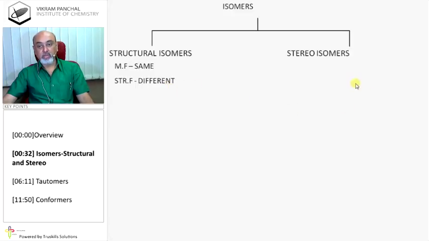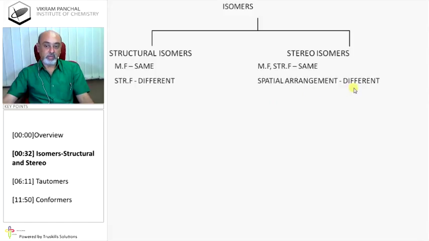And another is stereoisomers, in which molecular formula and structural formula will be same, but spatial arrangement of atoms will be different. So, stereoisomers differ in their arrangement in the space, otherwise they are same.